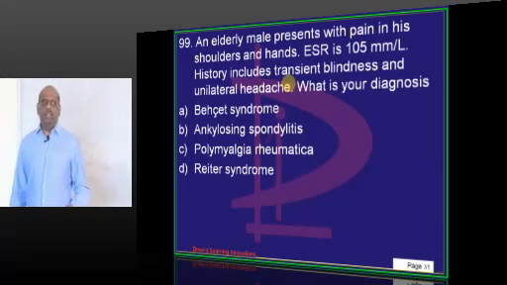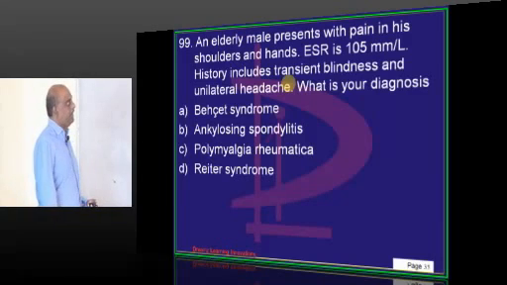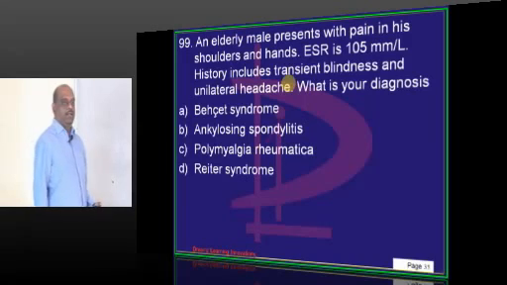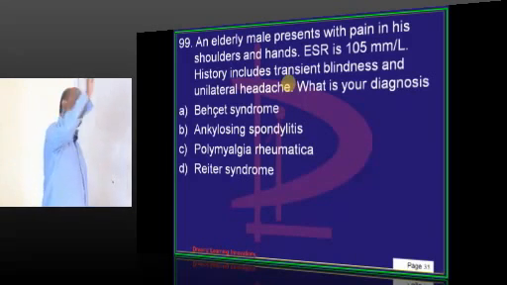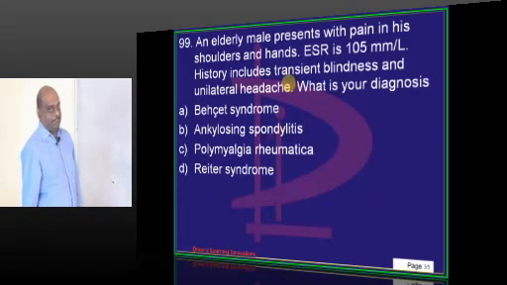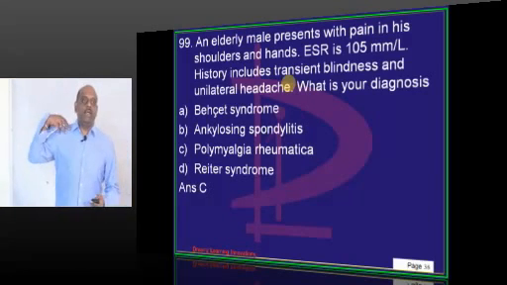An elderly patient has an ESR of 105 with pain in the hands and shoulders. There is a transient blindness along with unilateral headache. If giant cell arteritis is one end of the spectrum, the other end of the spectrum of the disease is polymyalgia rheumatica. So what he is having is polymyalgia rheumatica.